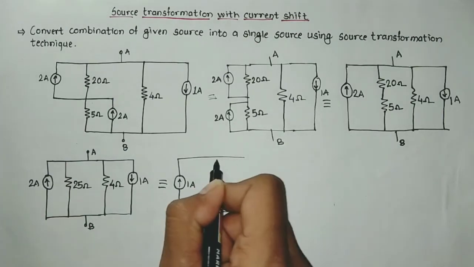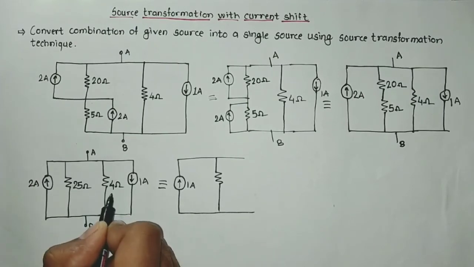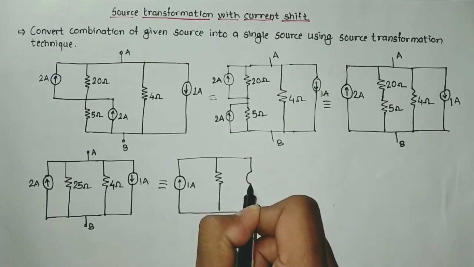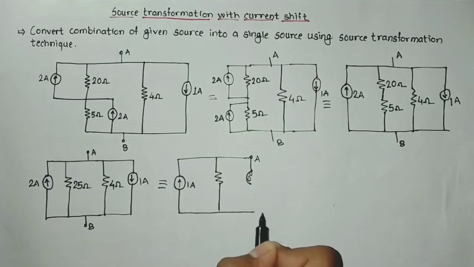It is a parallel combination of this 25 ohm and a 4 ohm resistance, and this is our node A and this is our node B.